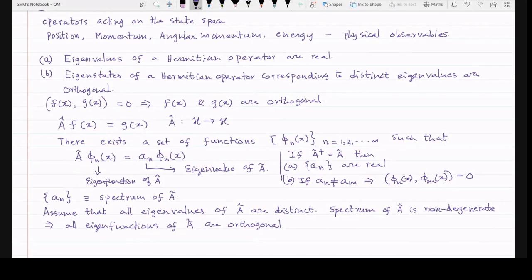That means orthogonal and normalized, and if normalized, then we say that the set phi n of x is orthonormal.